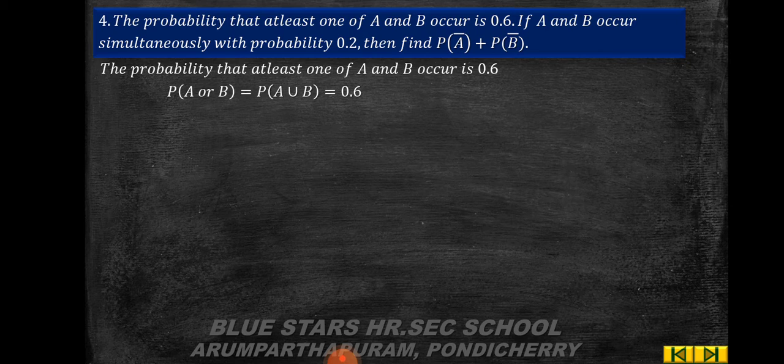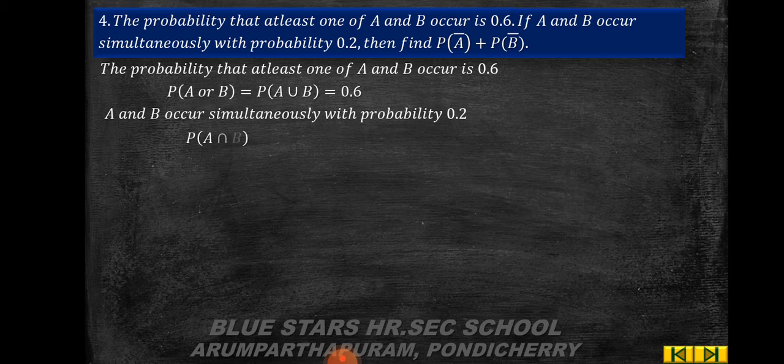That is, P of A or B is equal to P of A union B is equal to 0.6. Then A and B occur simultaneously with the probability 0.2. So simultaneously means in both the cases. So P of A intersection B is equal to 0.2.